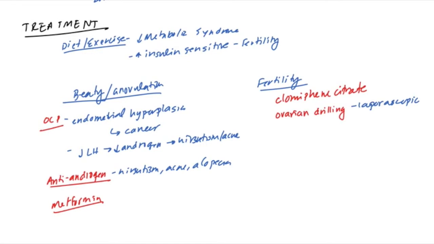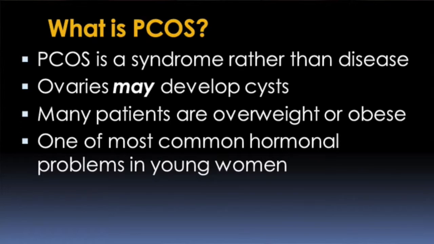How does it work? They say that perhaps, because one of the problems with polycystic ovarian syndrome is the ovary becomes really dense and there's a lot of stroma, this helps reduce that, and that somehow helps with fertility and ovulation. Polycystic ovary syndrome is a constellation of symptoms rather than a specific disease, and the cause or causes are not completely understood.